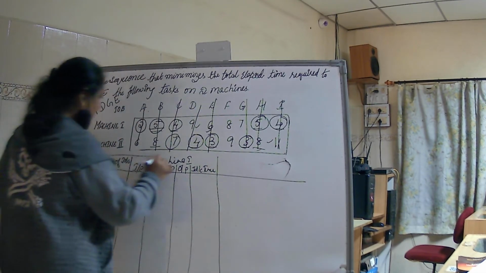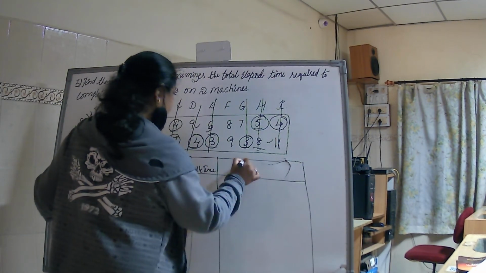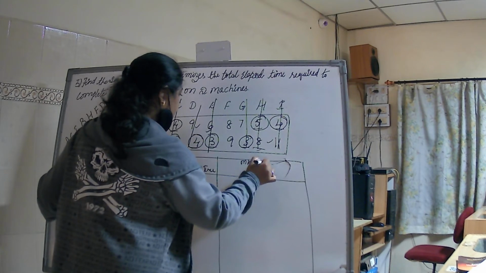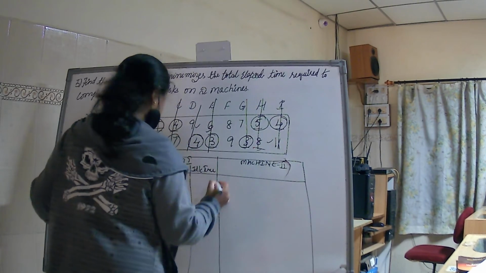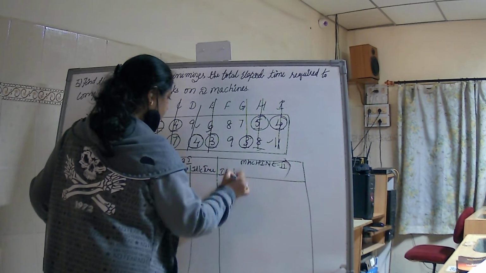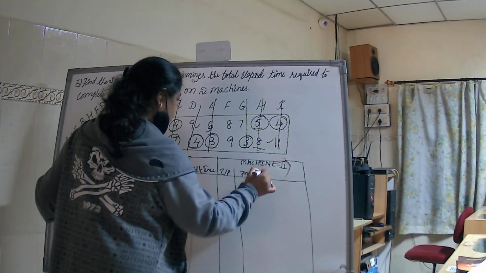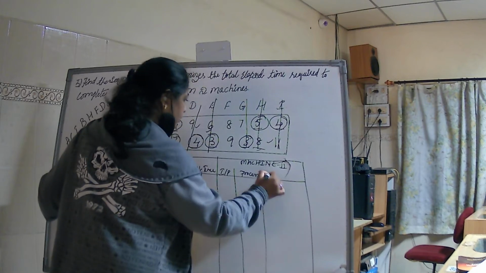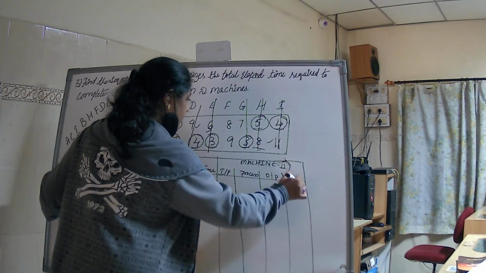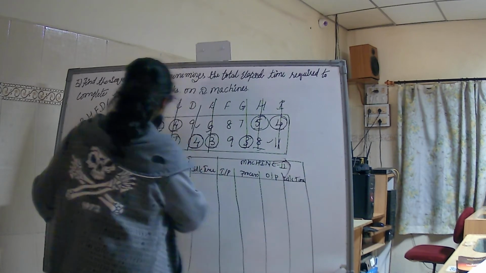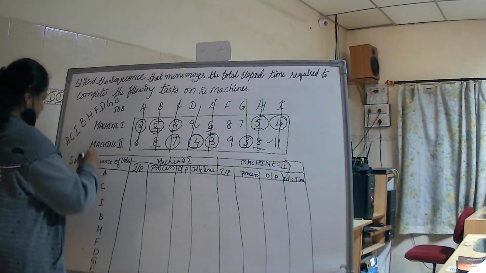Similarly I would also do it for machine B: input, process, output and idle time. So this is for machine 1 and this is for machine B.